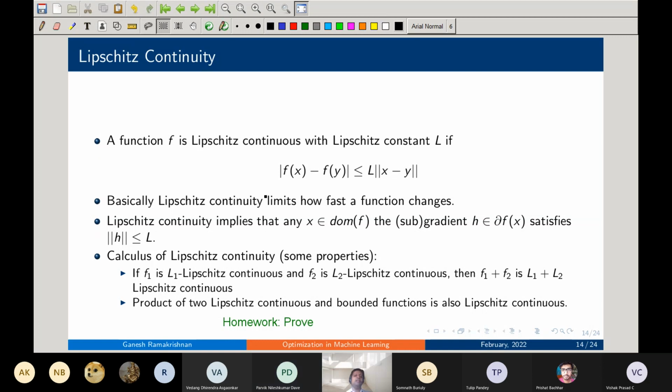Sometimes we say in this region it is Lipschitz continuous with L, and in another region it is Lipschitz continuous with some other L. So for each domain you can have a different L. That's possible, but you have to explicitly state that. Is that clear? Yes sir. Okay.